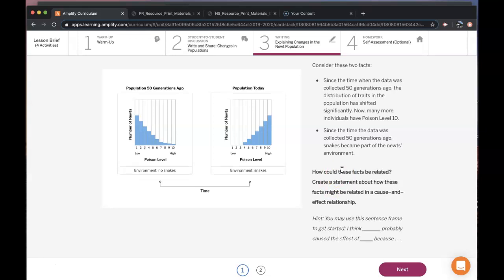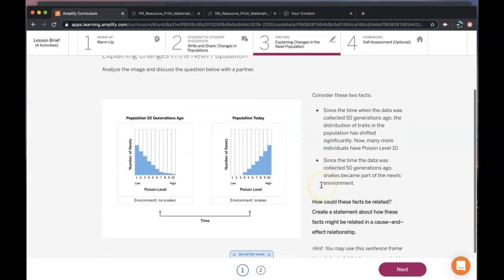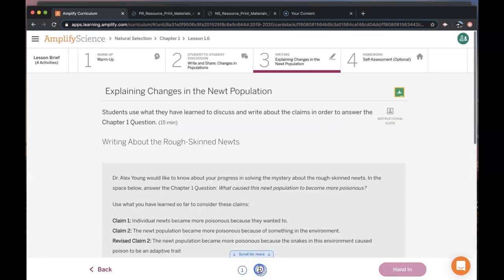So pause the video and think about how these two facts connect, in other words, how does the fact that snakes became part of the environment connect to poison level shifting so significantly over 50 generations? Pause the video, think about that. Okay, now that you have thought about that, we're going to move on to the next portion of the lesson.